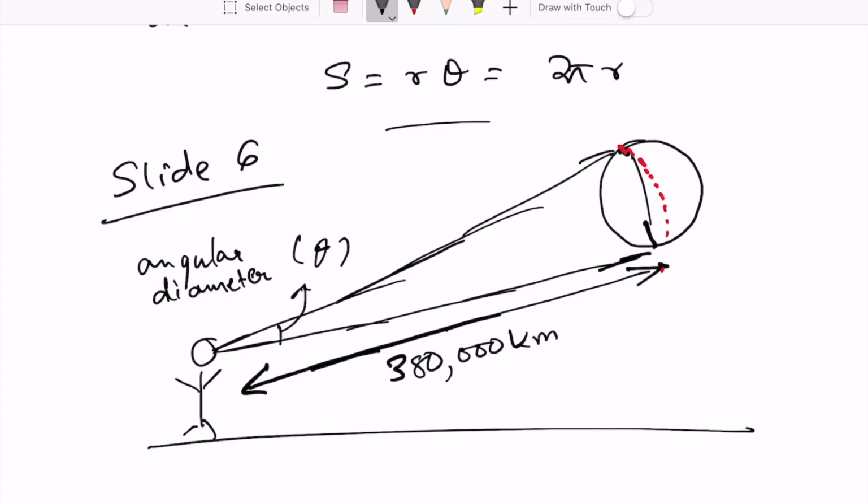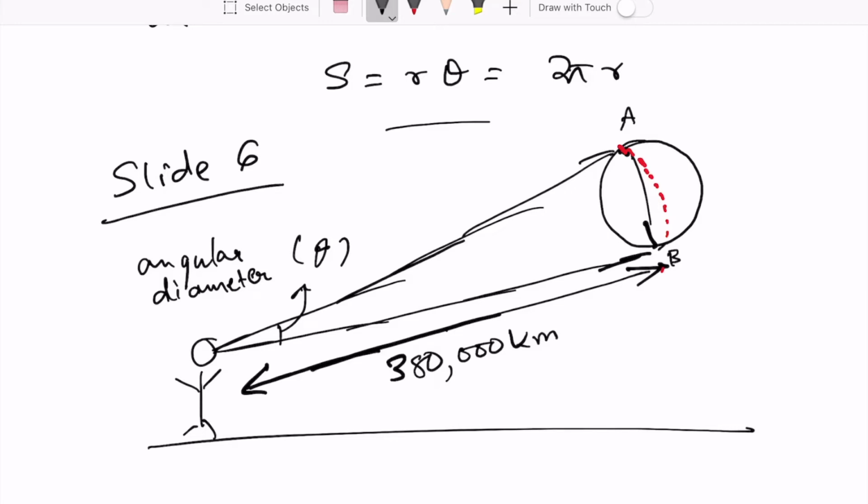Now, since this angle theta is extremely small, there won't be that much difference between the arc length and the straight line length between the two ends of the moon. Let me call the two ends of the moon A and B. There's not that much of a difference between the arc AB and the straight line joining A and B, right?